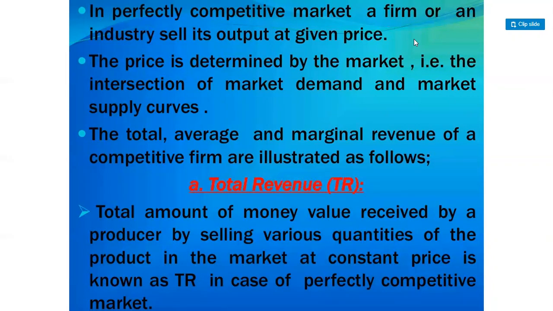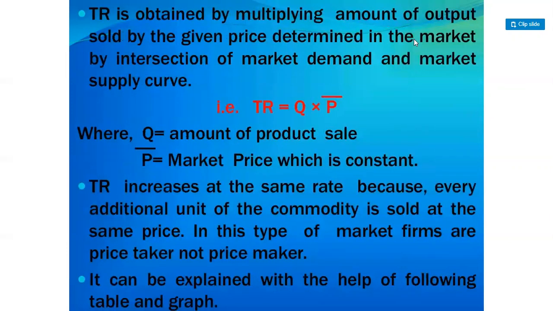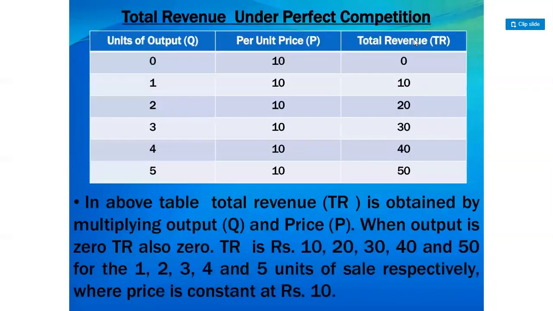In a perfect competition market, TR is obtained by multiplying the amount of output sold by the given price determined in the market by the intersection of the market demand and market supply curves. So P bar shows the market price, which is constant. With the help of a table I will explain.